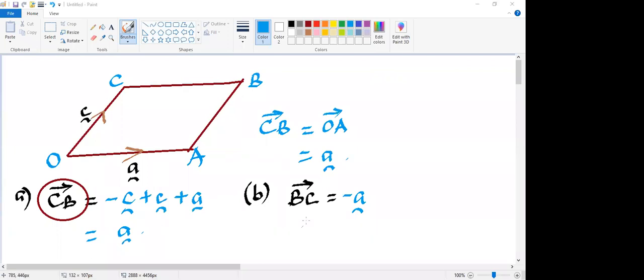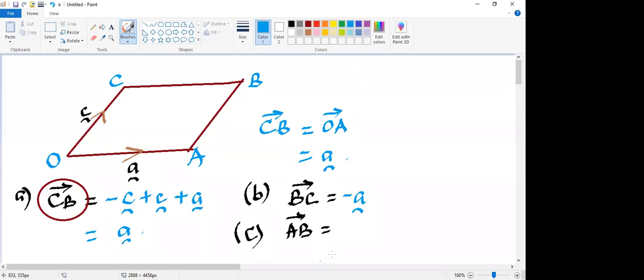Allow me to write my C here. Can we get the vector AB now? Vector AB, what is it? Yes, I can see hands shooting up. Ruth, Mercy.